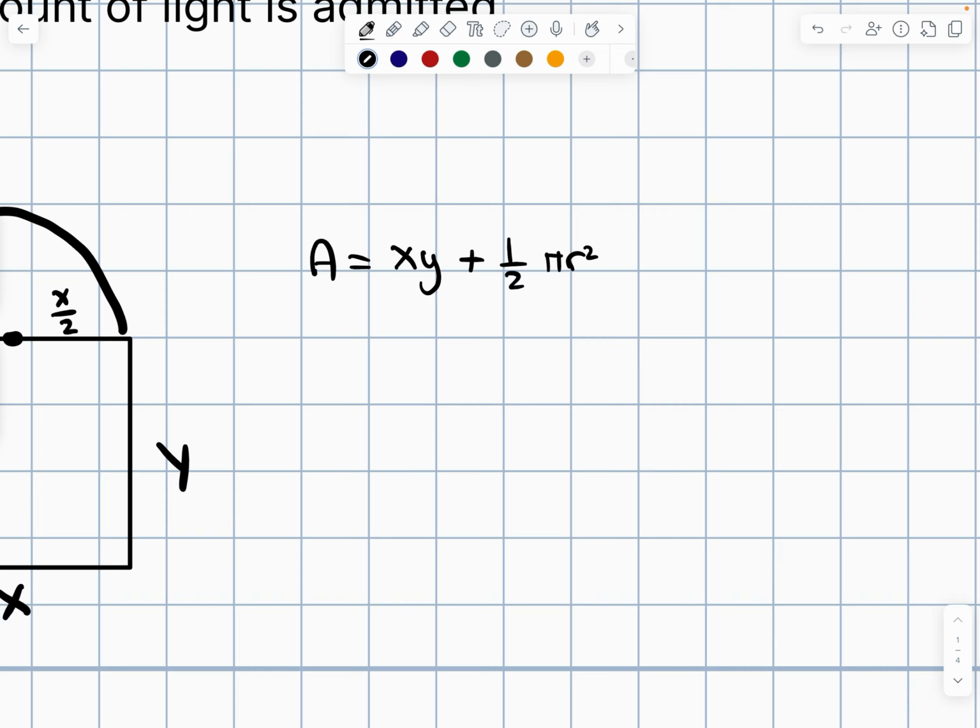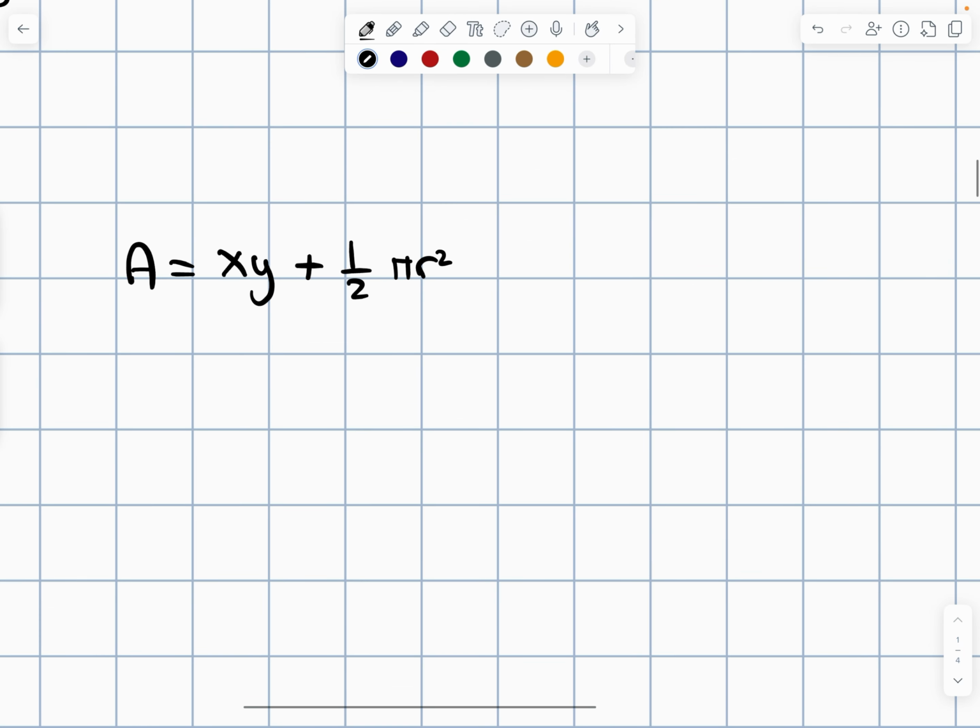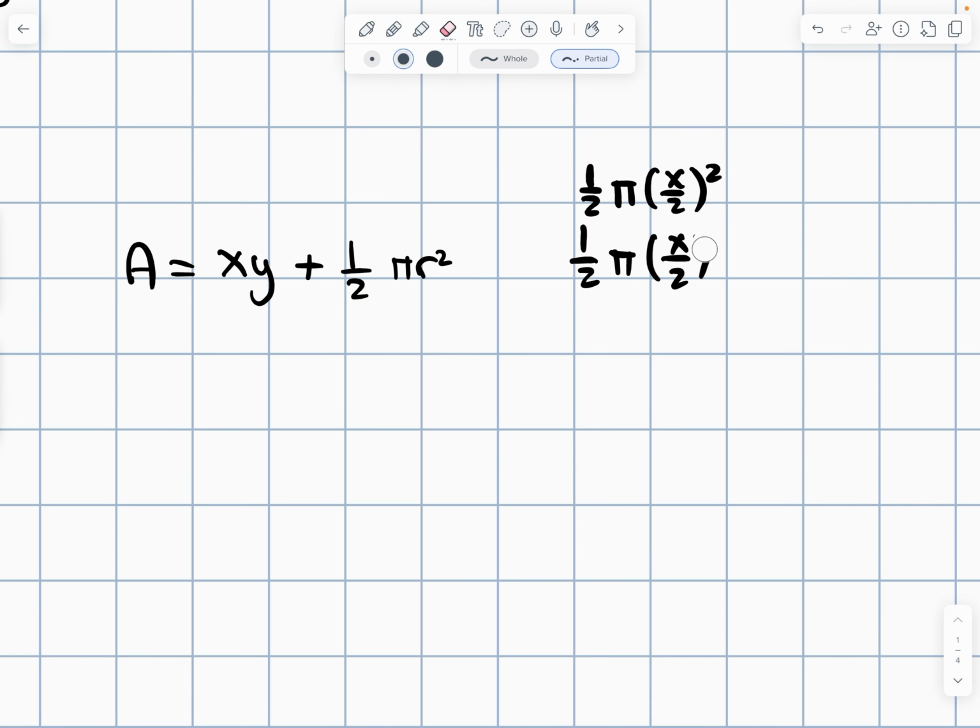So 1 by 2 pi, and then x by 2, and then I'm going to square the whole thing, and I'm just going to simplify it. Squared is 4, then I'm just going to multiply this.